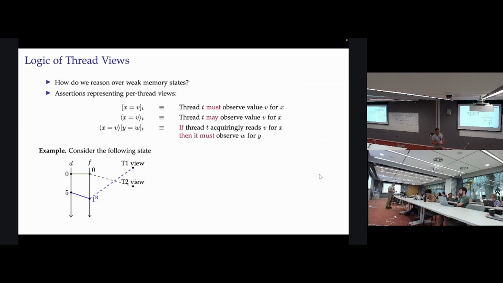Does that assertion hold for that state, or does it not hold for that state? True? Yeah? So in this state, if thread T1 reads D, it is definitely guaranteed to see the value 5. Okay. What about this one?